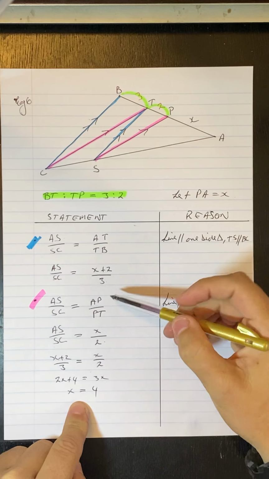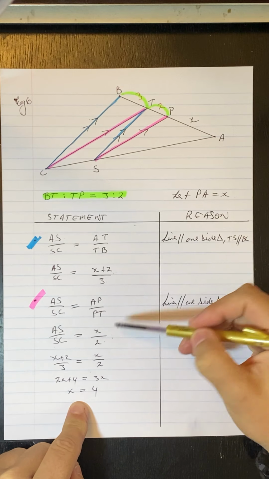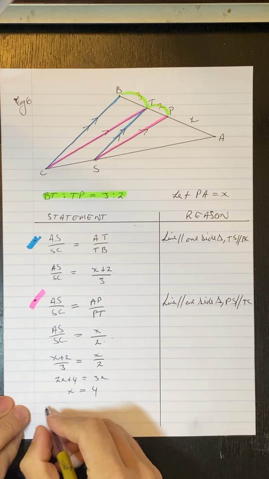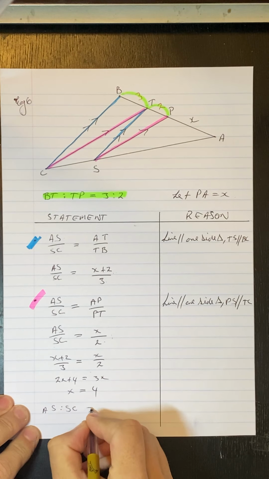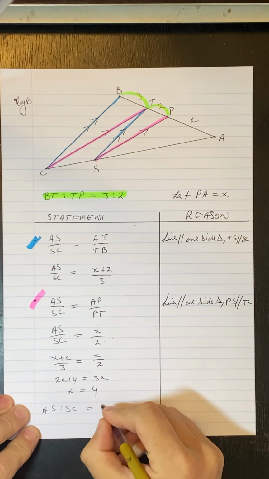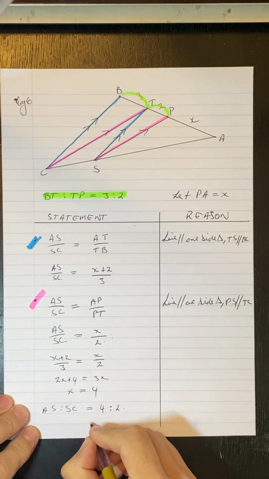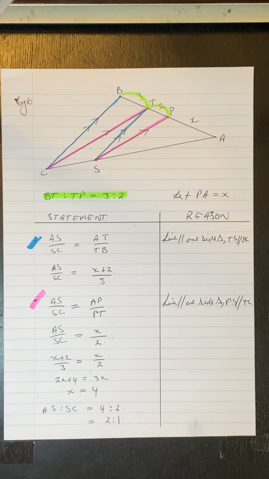So what I'm going to do is plug into, now it doesn't make a difference, this one or this one, and find out what our ratio is. I'm just going to plug it into this one. So we get AS to SC is equal to, now X is 4, so it's 4 to 2. And I can simplify this, and we get 2 to 1. And there is our ratio.